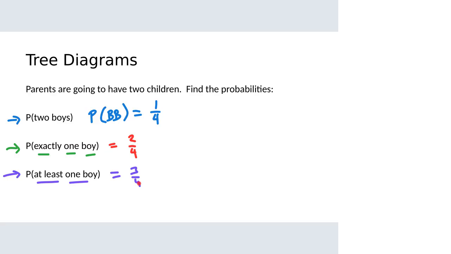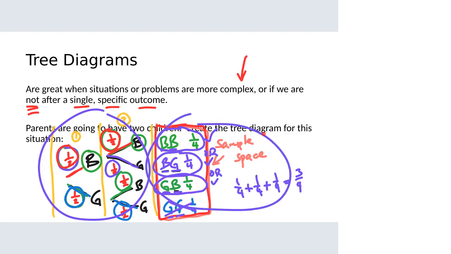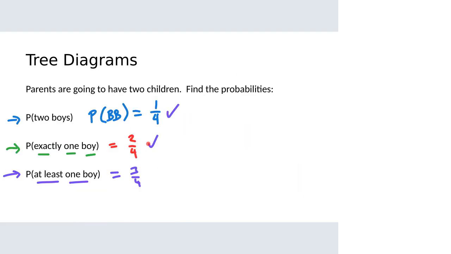It's just that the probabilities will be a little more complicated. Are there any questions on anything we did in creating the tree diagram, creating the sample space, and finding the answers to those 3 probability questions? Outstanding. All right, let's keep going.